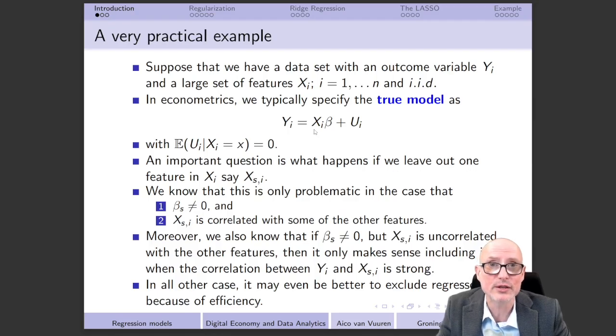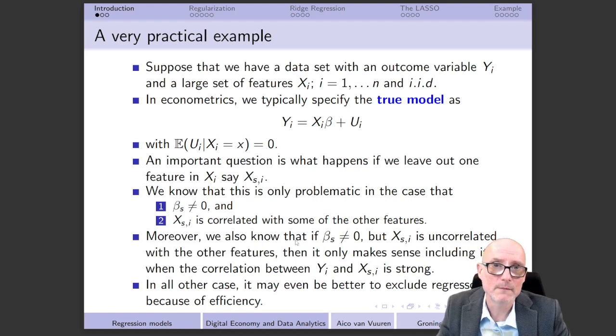And we do actually know that in that particular situation, it may be better to run a regression without that particular feature, because then we could have a higher efficiency.